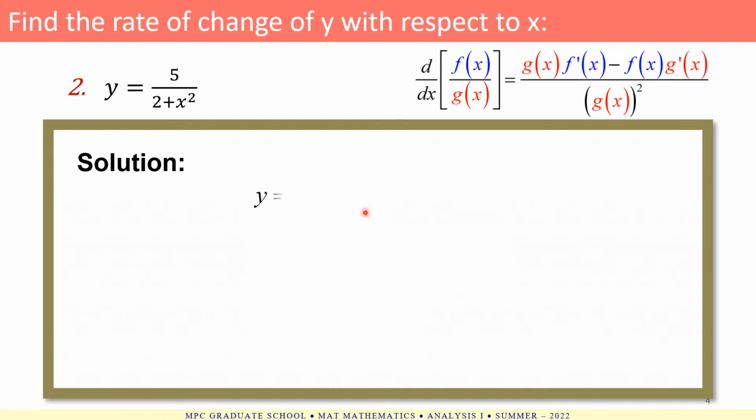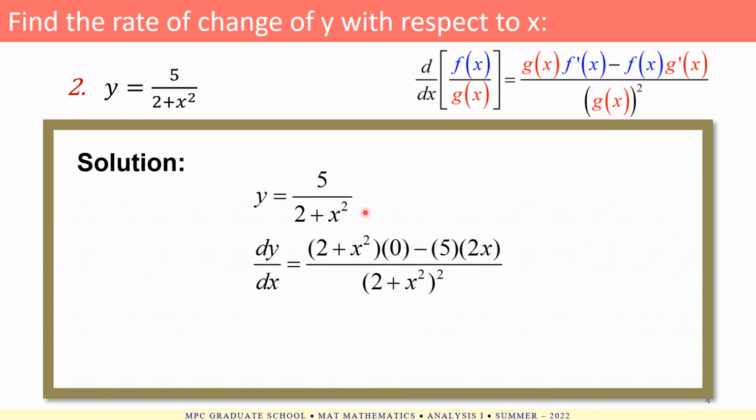Using that, the derivative of 5 over 2 plus x squared, following the pattern of the quotient rule, will be 2 plus x squared, the denominator, times 0, the derivative of the numerator, minus 5, the numerator, times the derivative of the denominator, over the denominator squared. And that will give us negative 10x over the quantity 2 plus x squared, squared.